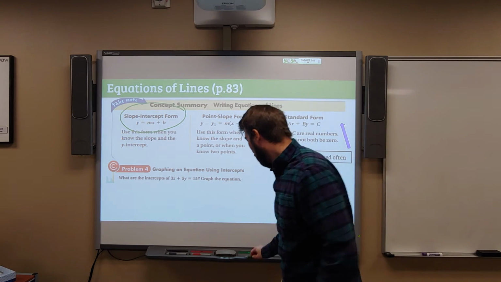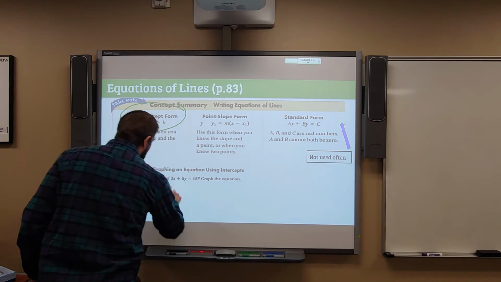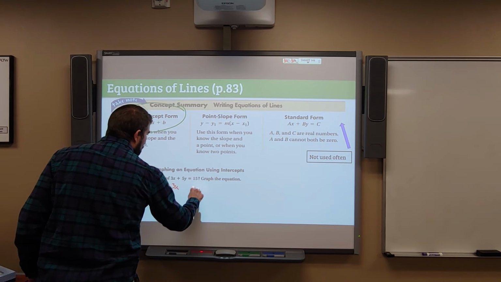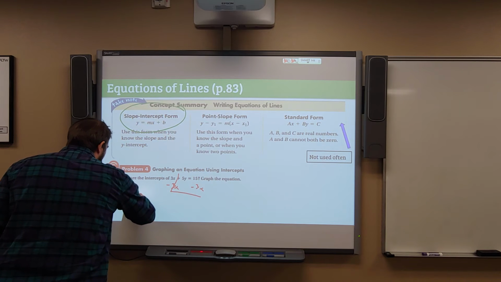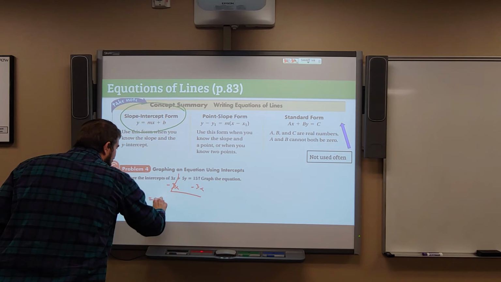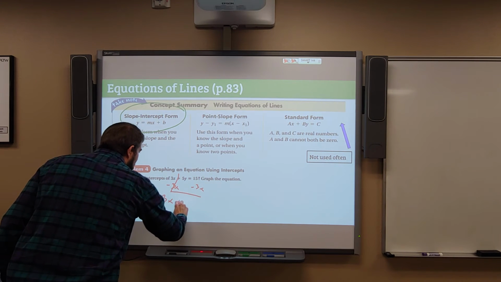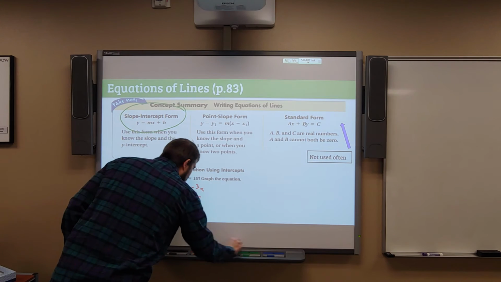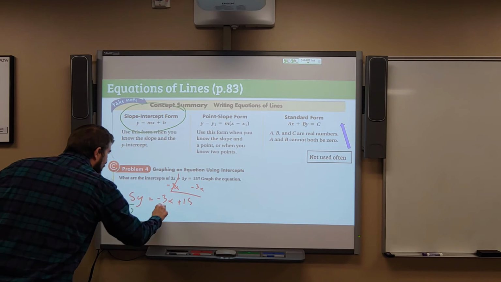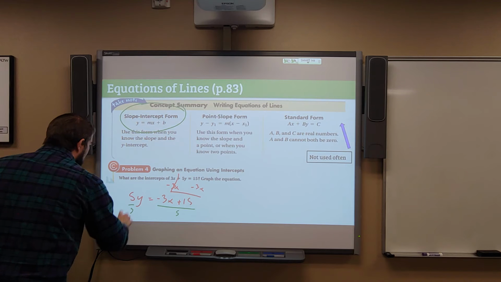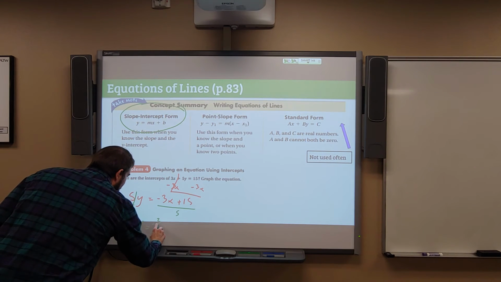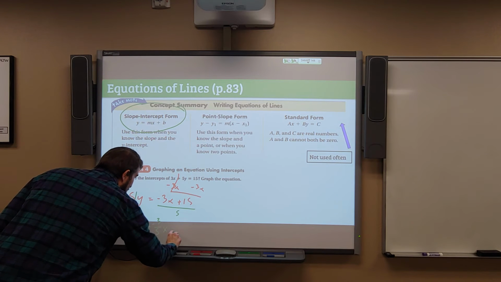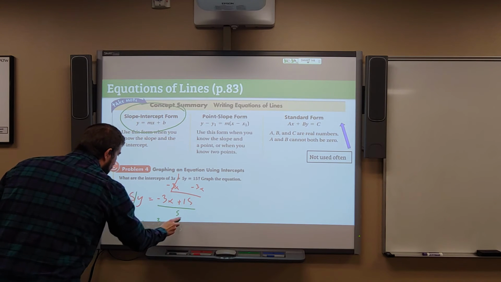So, in order to get in slope-intercept form, I'm going to subtract 3x from each side. That cancels. This becomes 5y equals negative 3x plus 15. And then I divide by 5. That cancels. This becomes y equals negative 3/5 x plus 3.